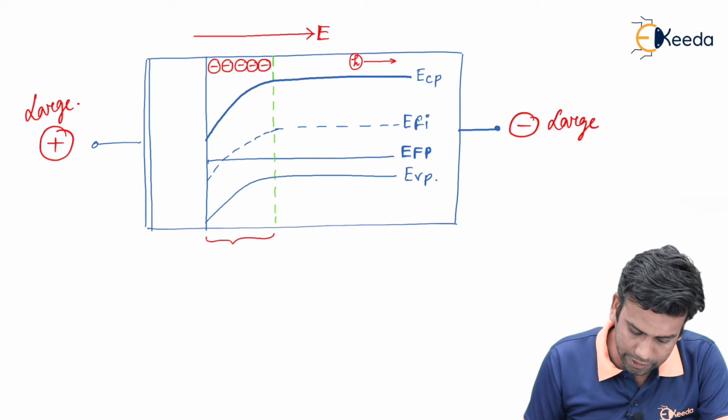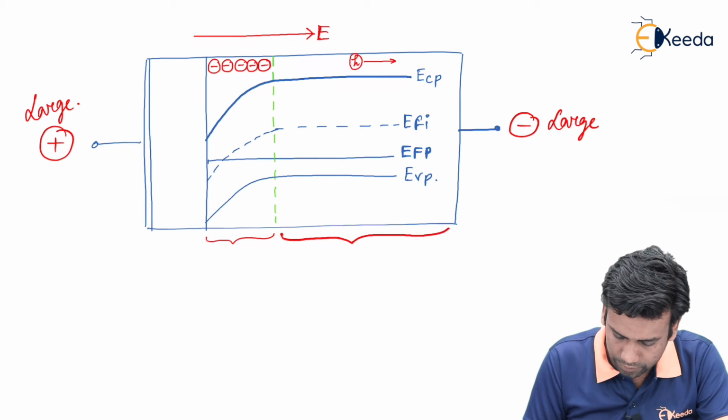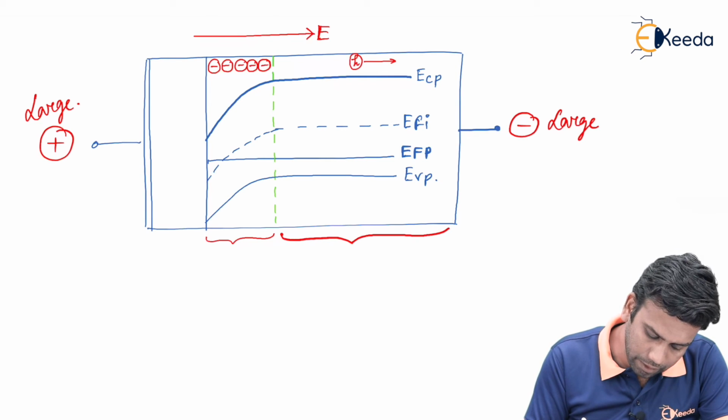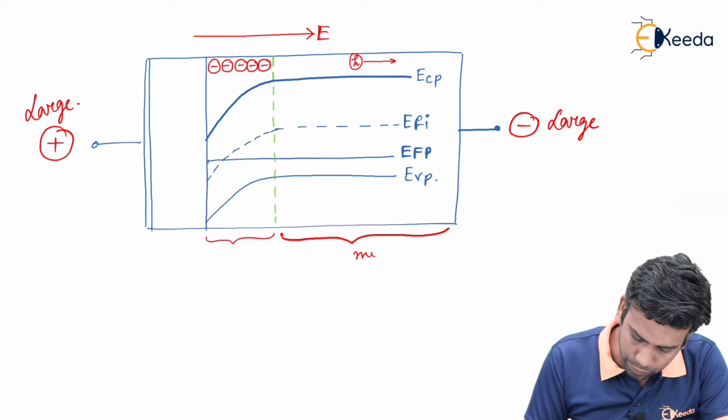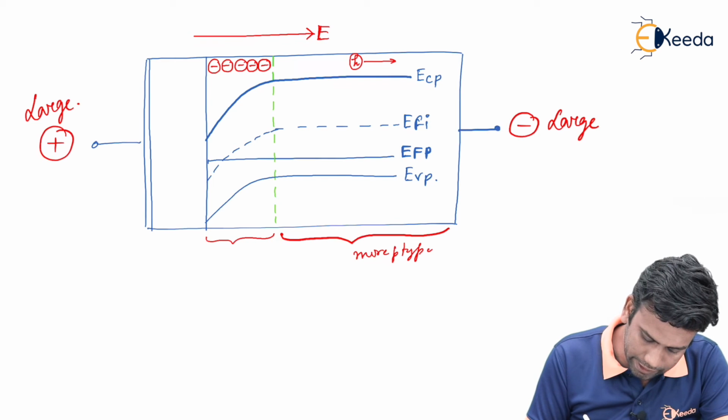So, this region of interface is now very less p type compared to this region, and eventually the bending of the bands is now more. That means it is more p type and it is less p type.